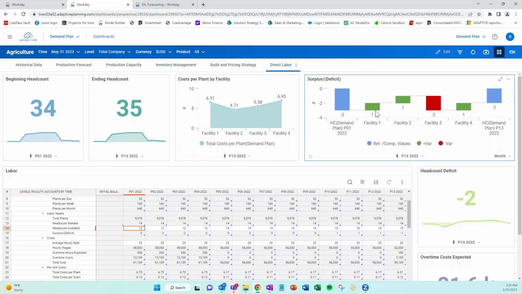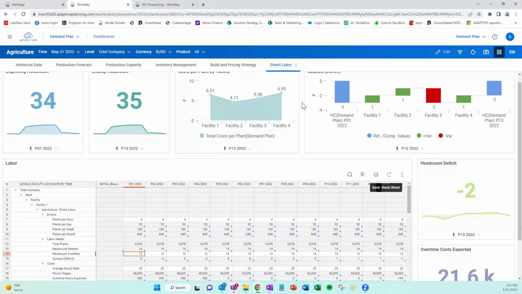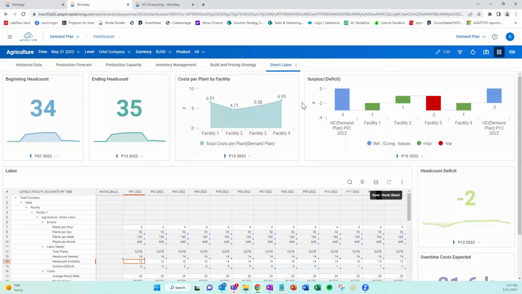So we see that for facility 1, 2, and 4, or actually for all of our facilities, we might need to make some hiring adjustments to ensure that we are working efficiently. We can then see our cost per plant per facility, and then maybe if we need to bring on some additional heads to try and lower that cost.